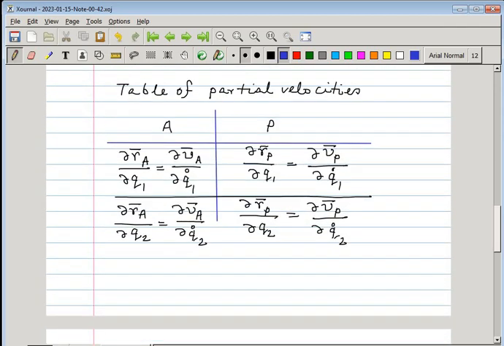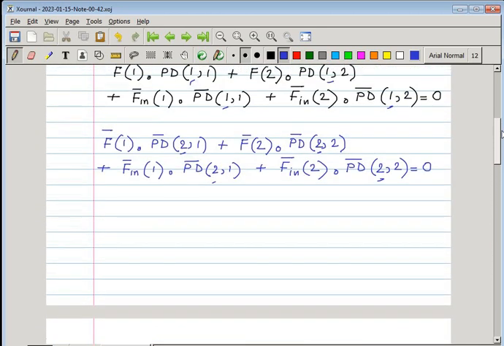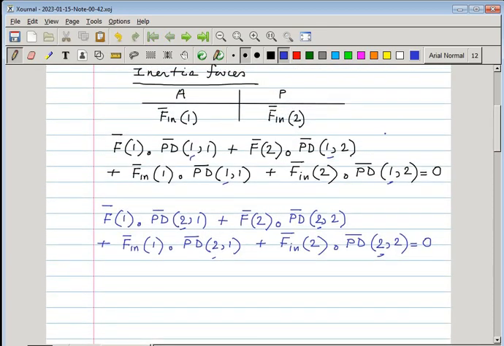So this is what is done, and the rest of the procedure is just same.